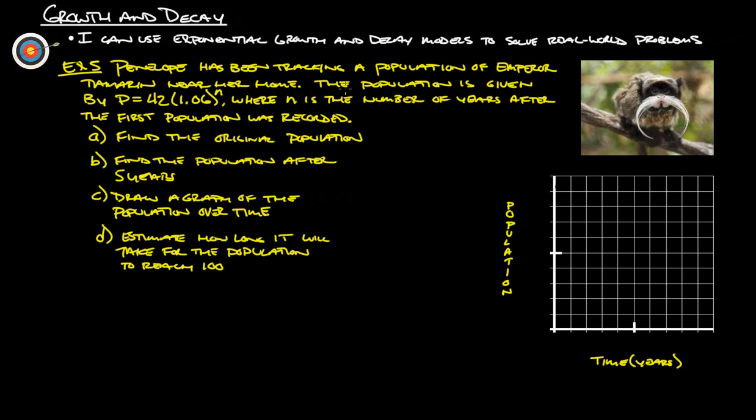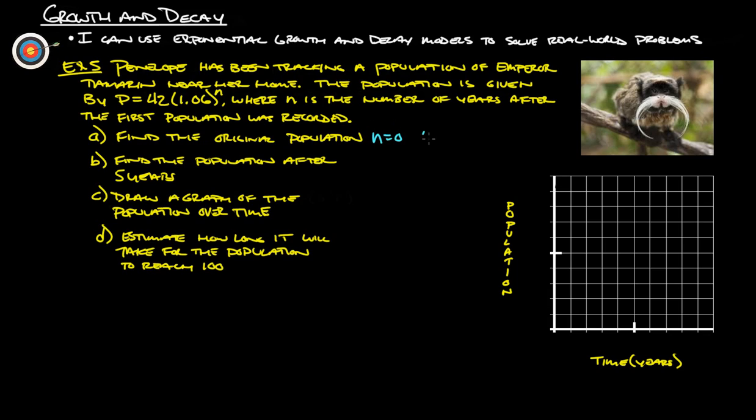So Penelope has been tracking a population of emperor tamarin near her home. The population is given by P equals 42 times 1.06 to the n, where n is the number of years after the first population was recorded. Find the original population. So original population is when n equals 0, right?